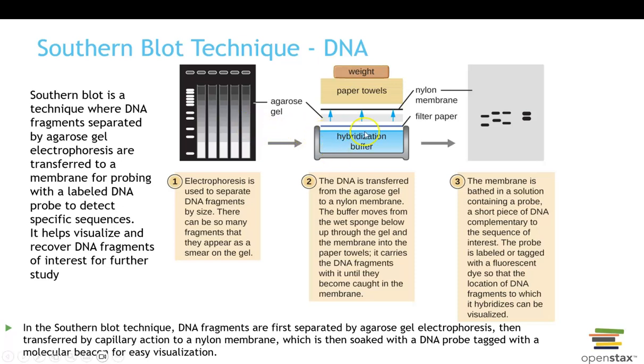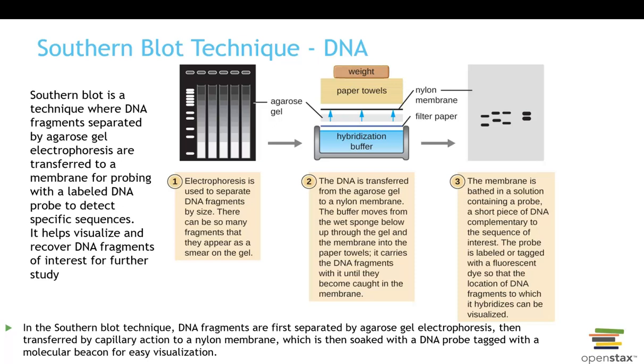If we have that fragment in our agarose gel, or now in our nylon membrane, that probe is going to attach and match with that fragment or that gene, and then they call this hybridization.